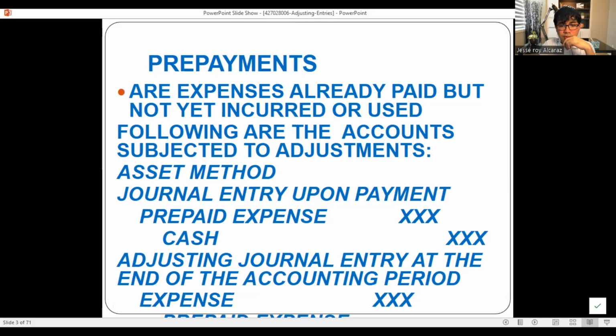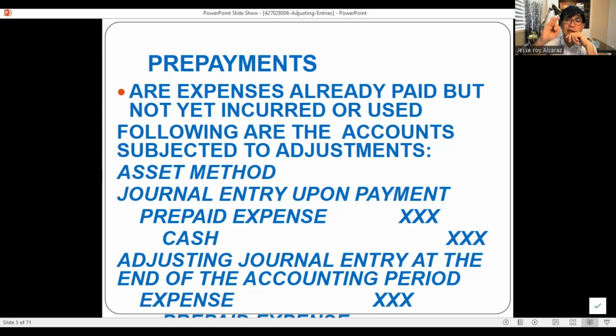Okay, so prepayments. Prepayments are basically expenses that we have paid but have not yet used. What does that mean? It simply means it is an advance payment for something that we will be using in the future. For example, rent. Usually, if it involves rent, there is an advance payment and then a deposit.